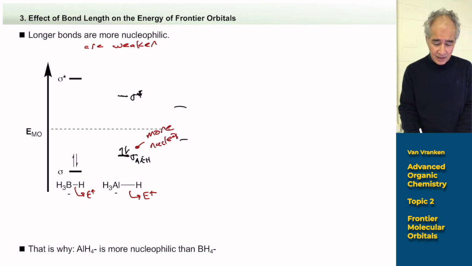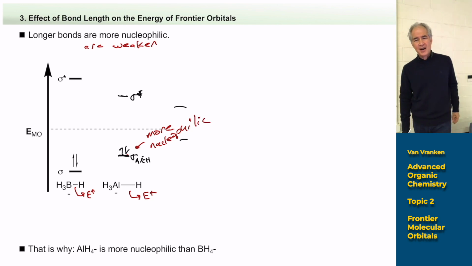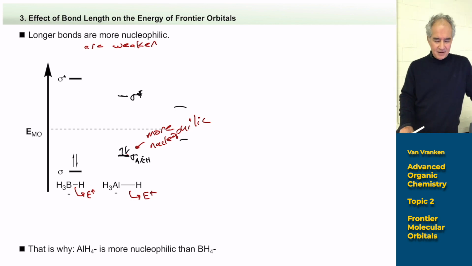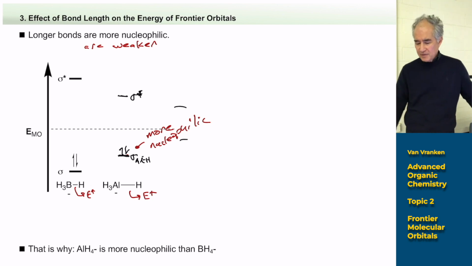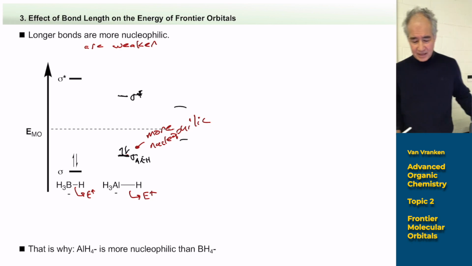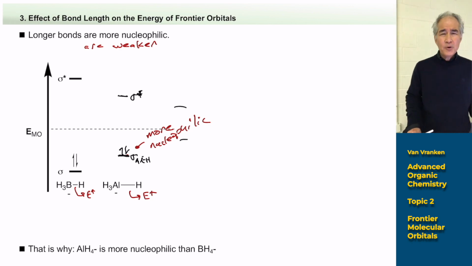How much more nucleophilic? Way more nucleophilic. It reduces esters, amides, any kind of functional group. And that's just a consequence of the bond length. So remember this effect of bond length because you just need to look at a periodic table. Okay, so that's talking about nucleophilicity.